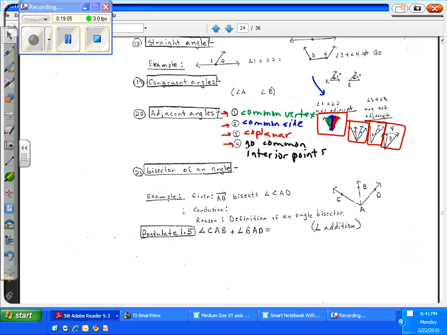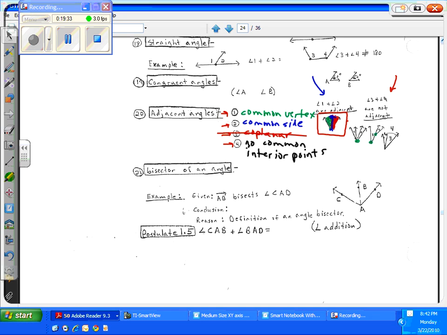Okay. When we look at these other examples, the first one we can say, well, those are coplanar. The second pair are coplanar. The third pair are coplanar. So that doesn't rule any of those out. So according to that definition, this example of things that are not adjacent, they were not negated because of the coplanar. What about common vertex?